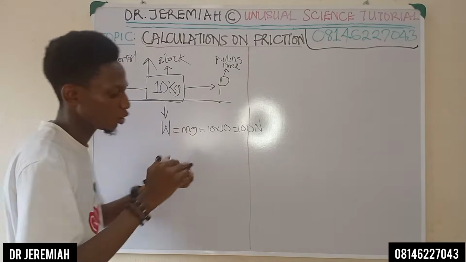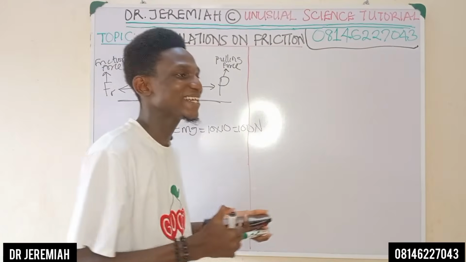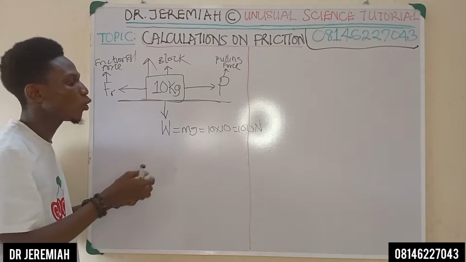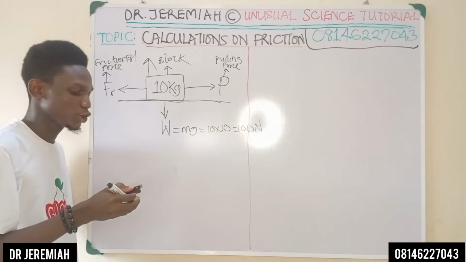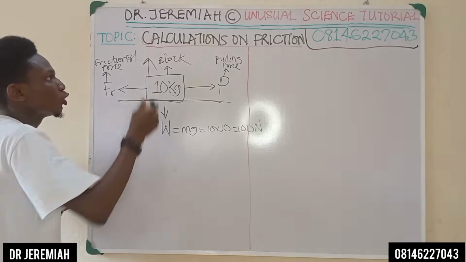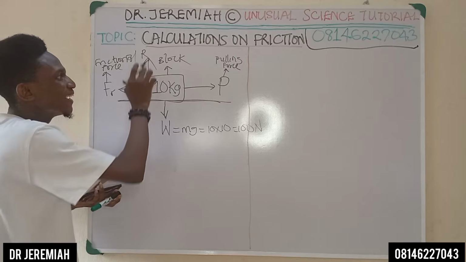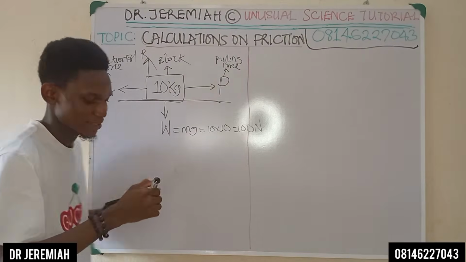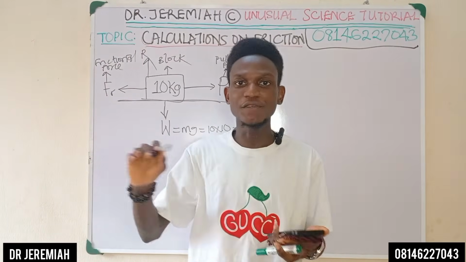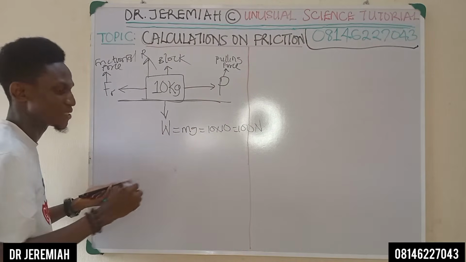Now, these are forces in the horizontal and forces in the vertical. So the forces in the vertical are weight and tension. Tension, or we call it reaction force, opposes weight. So let's better call it reaction force here. So reaction is opposite weight. For a body moving on a horizontal surface, reaction force is opposite weight.